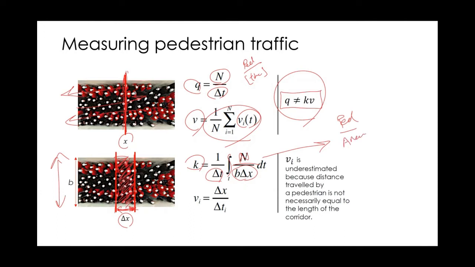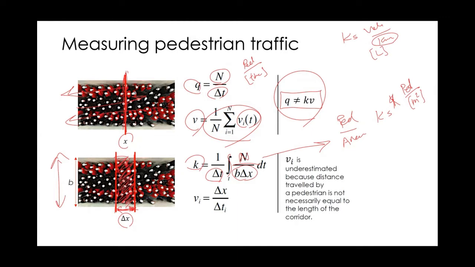So in this case, density would be, for example, X number of pedestrians divided by, for example, a square meter, right? It's no longer length. Remember, in car traffic, density was number of vehicles divided by kilometer or meter. It was only one length unit.